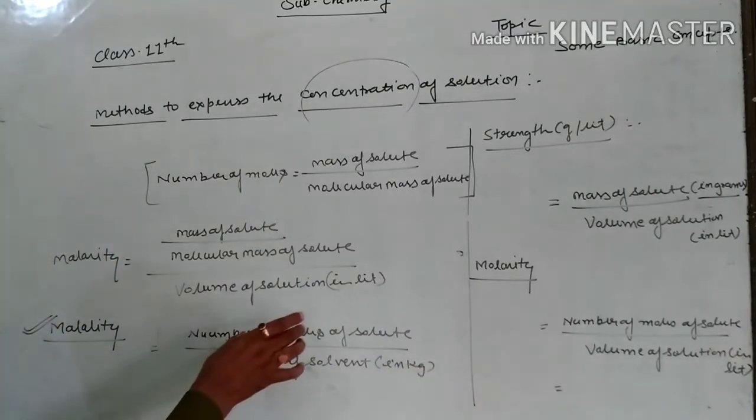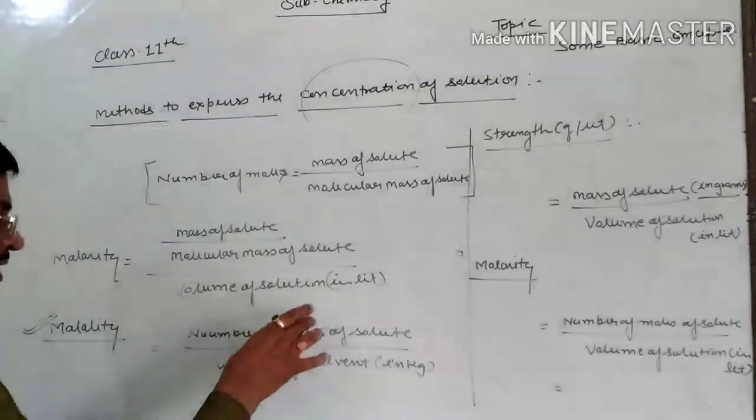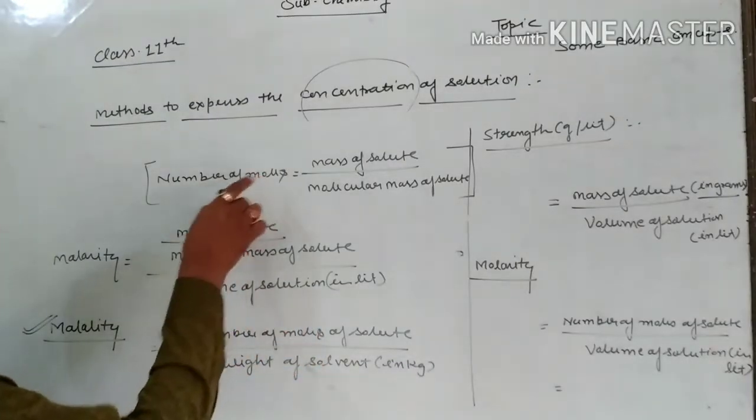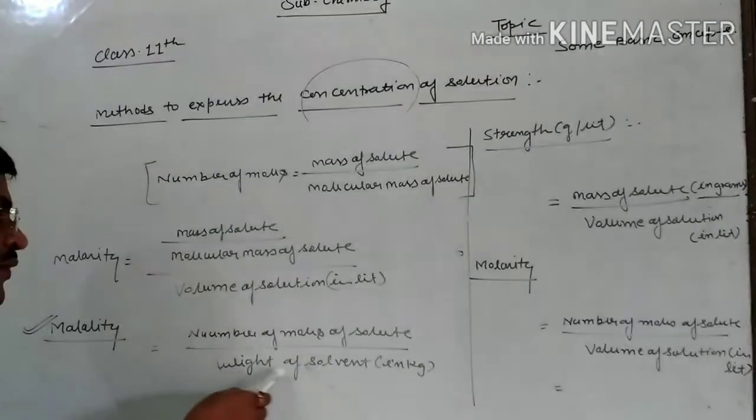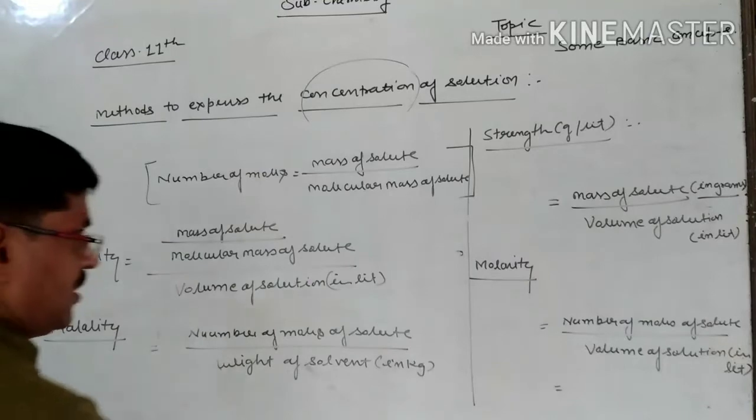Once again, you have to expand this as before: number of moles is mass of solute upon molecular mass of solute. After that, you have to divide by weight of solvent in kg.